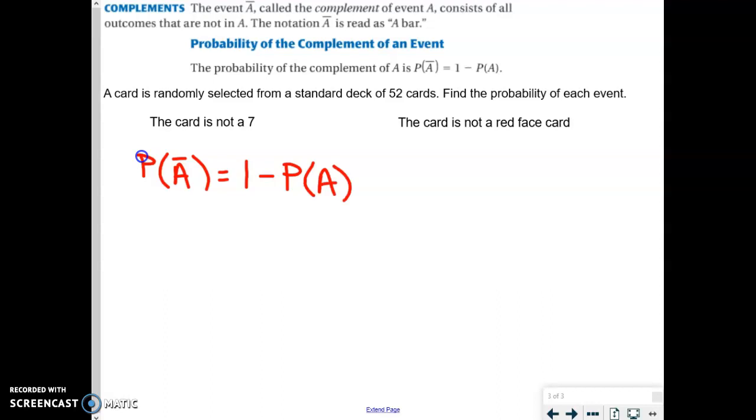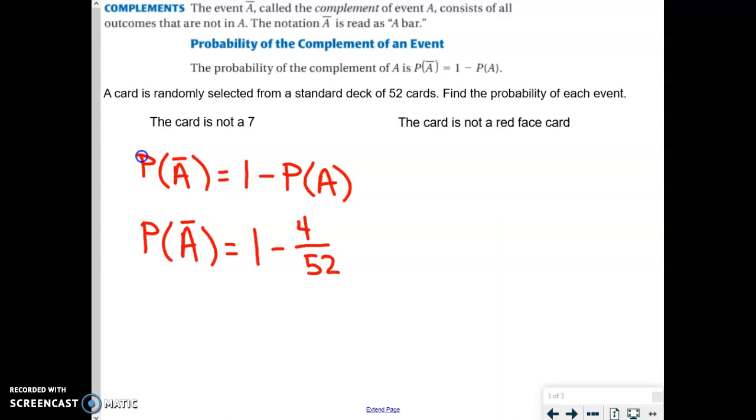So in this case, the probability of A would go back to what we're dealing with. The card is not a 7. So the complement to a card not being a 7 is that it would be a 7. So for this one, the probability of A bar would be equal to 1 minus 4/52.